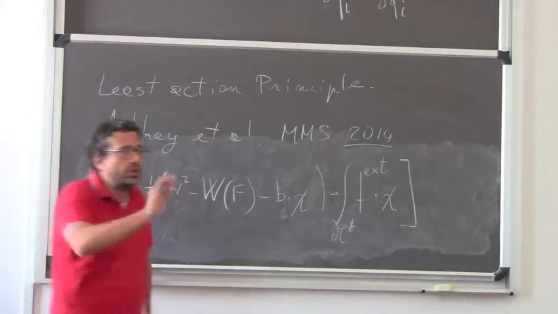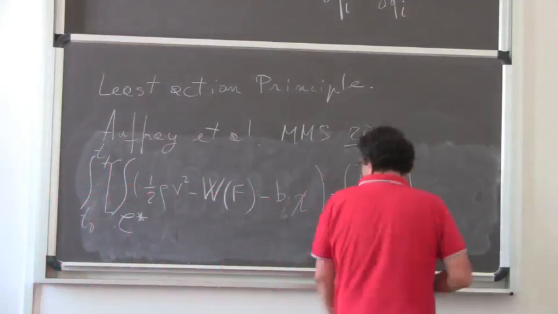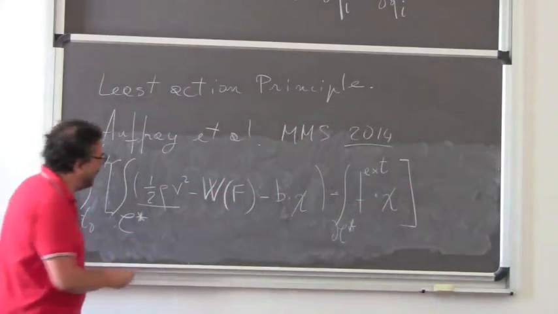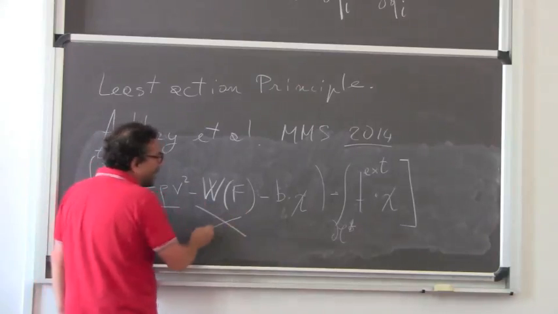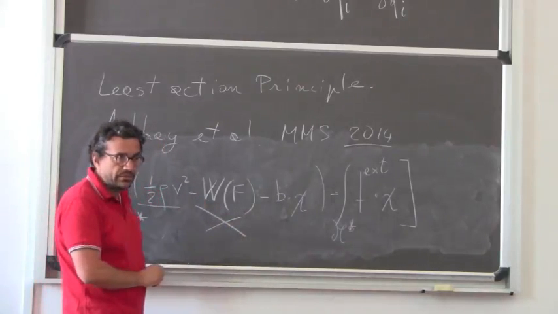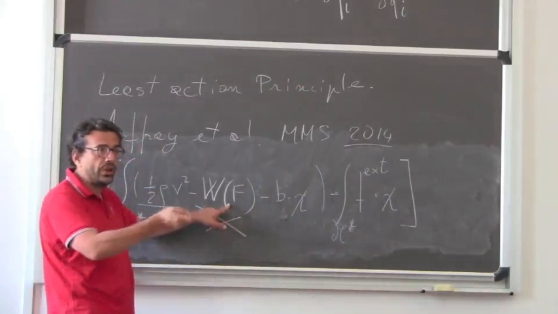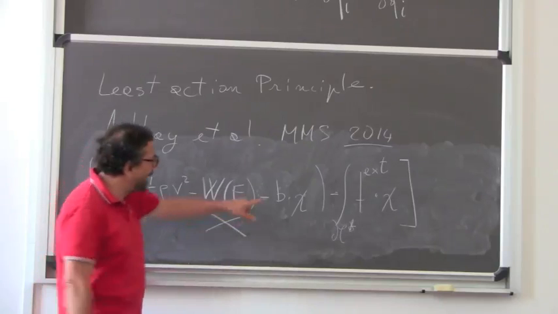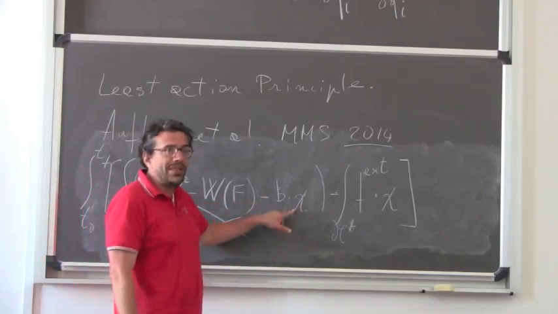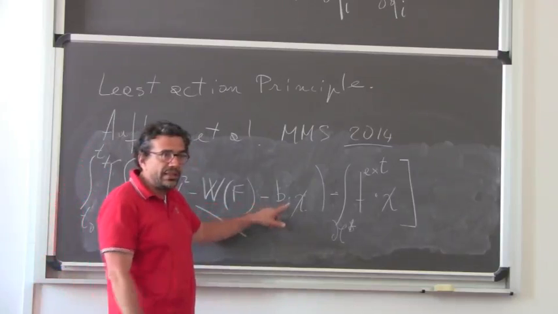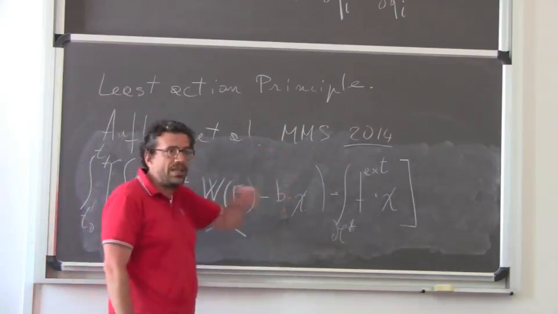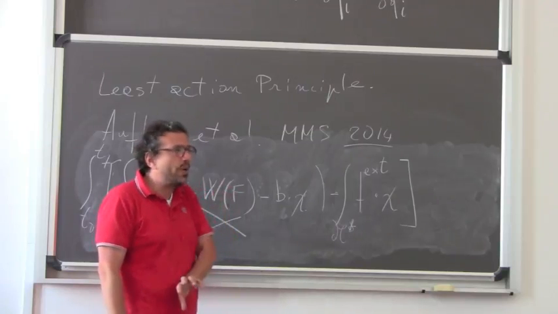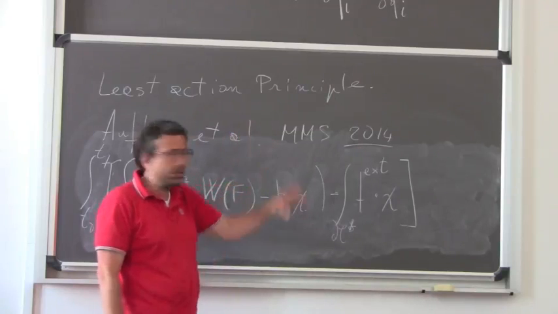So what do you have? You have kinetic energy. Then you have deformation energy of first grade. So this is the energy you are storing in the deformation of your body. Then you have the potential energy related to the displacement of one material particle of your body from one position to another position.